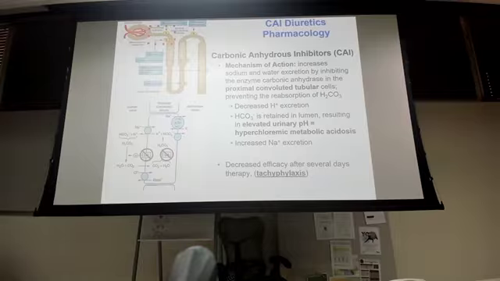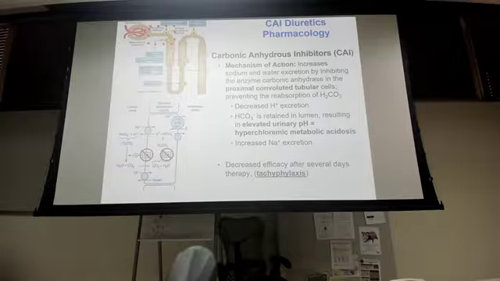So what you'll also get is an increased urinary sodium and bicarbonate excretion. So you're going to be peeing away urinary sodium and bicarbonate. The net effect is alkaline urine and hyperchloremic metabolic acidosis.